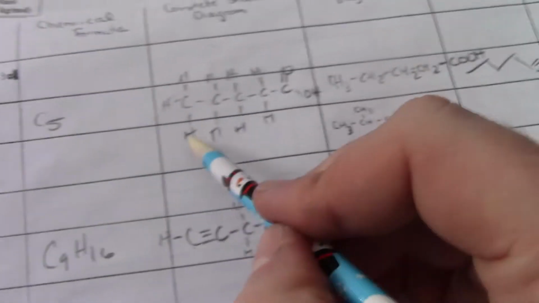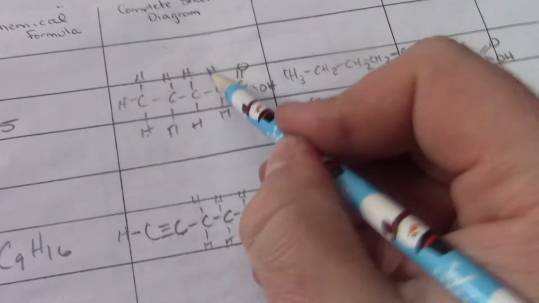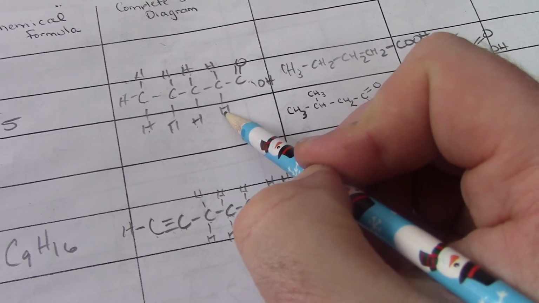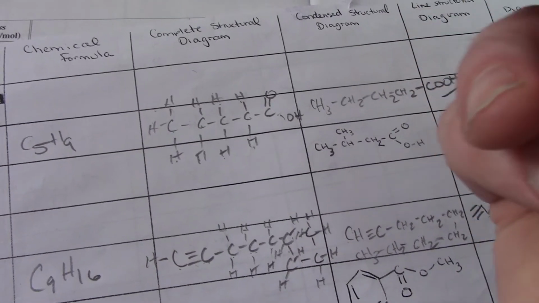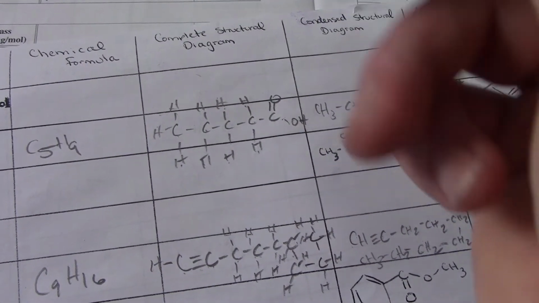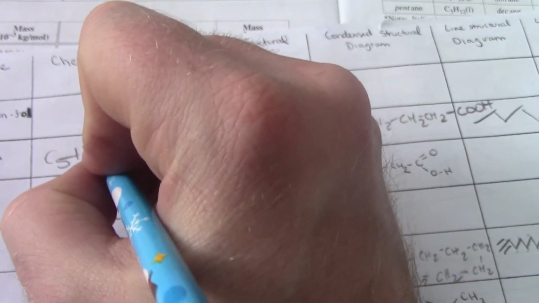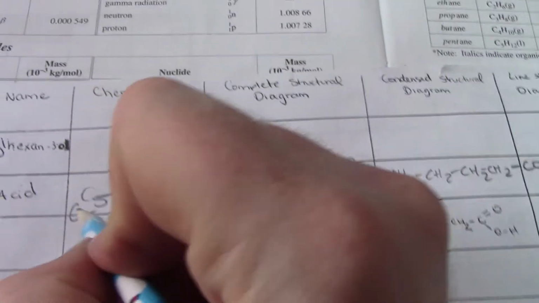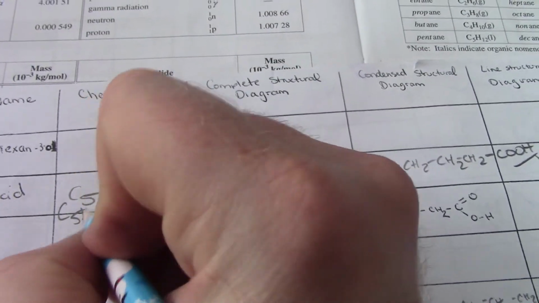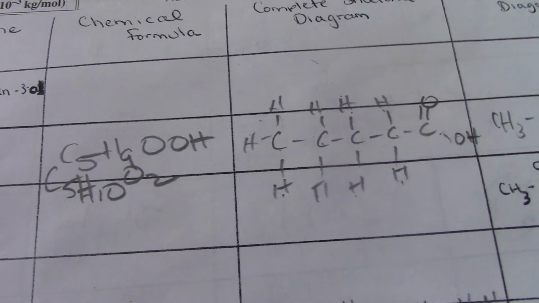And there's 1, 2, 3, 4, 5, 6, 7, 8, 9, H9, and then OOH. I can do that, or I can do this, C5H10O2. I can do either or. Okay.